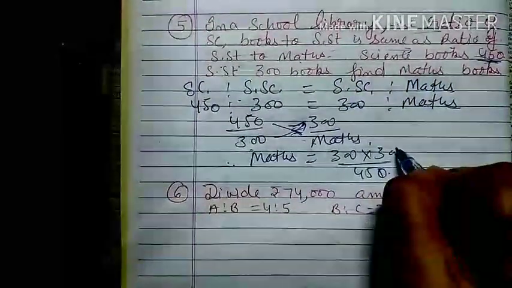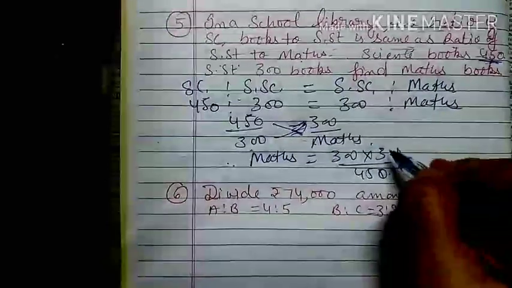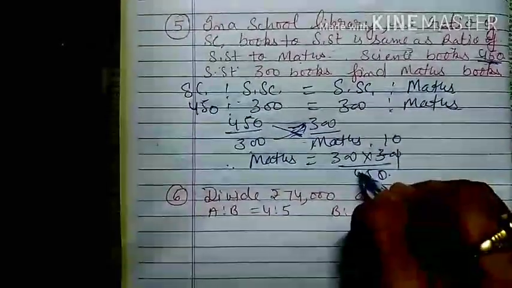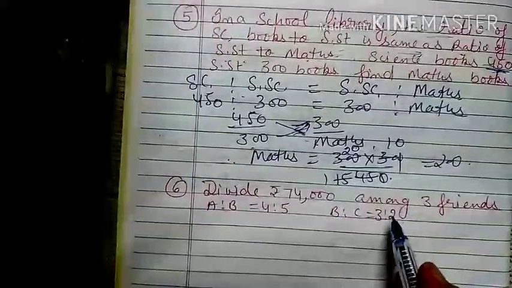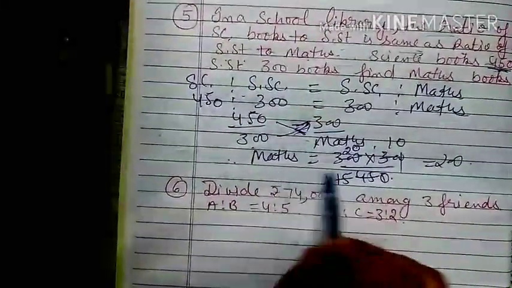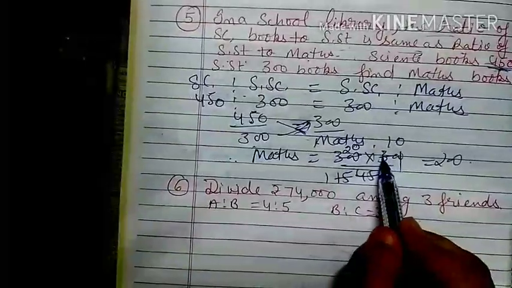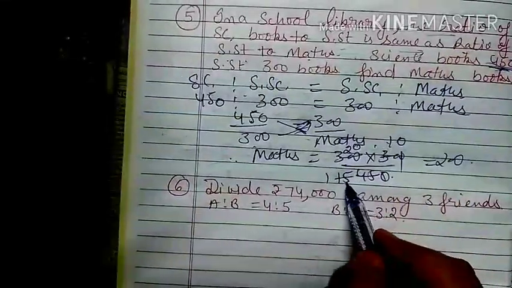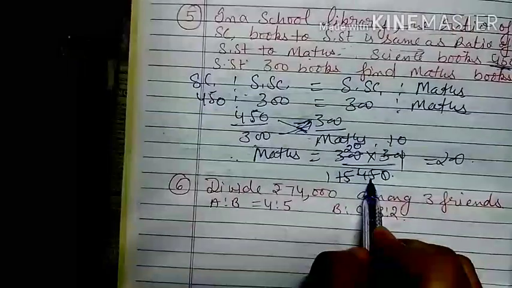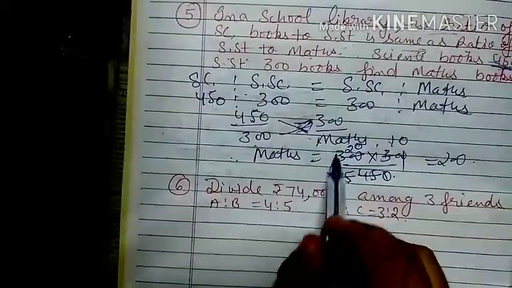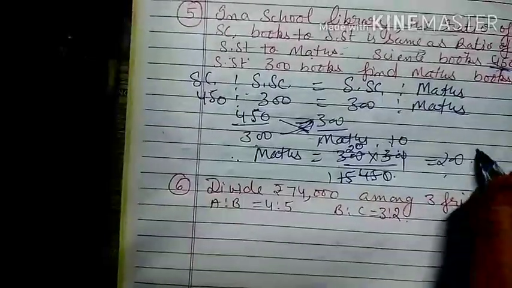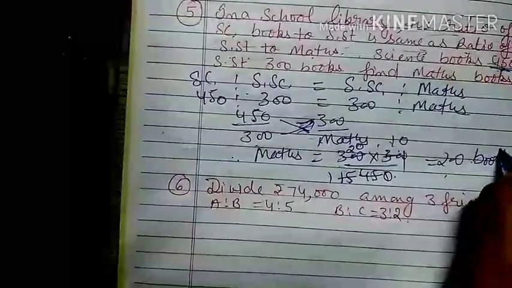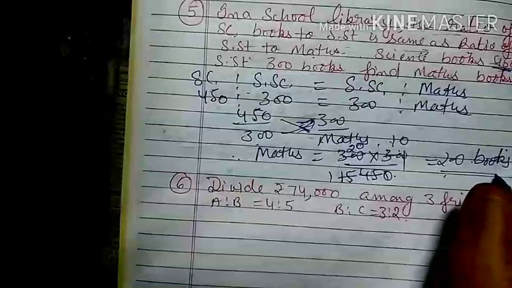Now cancel: 3 1s are 3, 3 15s are 45, 15 1s are 15, and 15 2s are 30. So 20 into 10 gives me 200 books. That means the maths books in the library are 200.